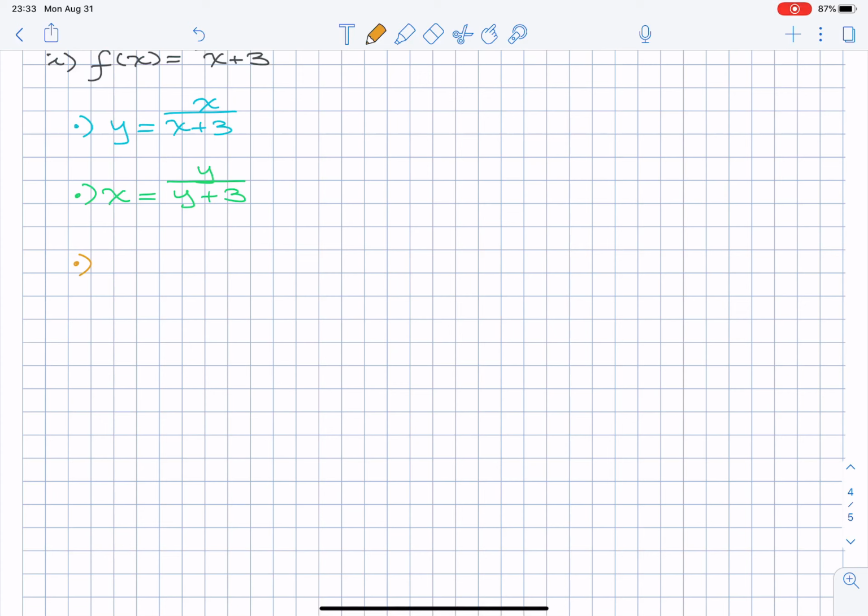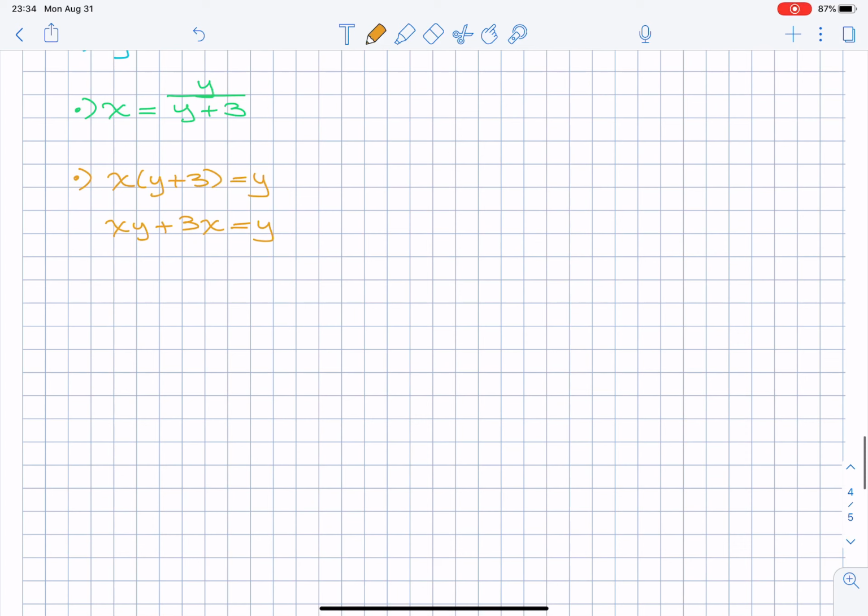So now let's cross multiply the denominator, so we'll have x times the quantity y plus 3 is equal to y. Distributing, I'll have xy plus 3x is equal to y. I'm going to subtract 3x and I'm going to subtract y. So xy minus y is equal to negative 3x.